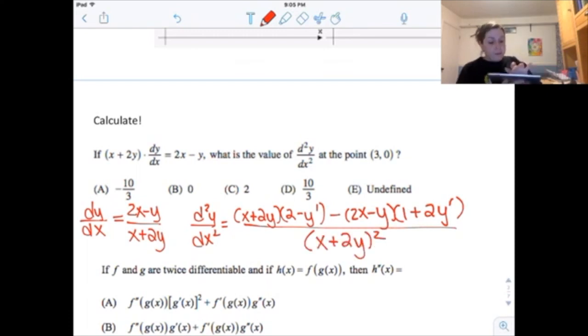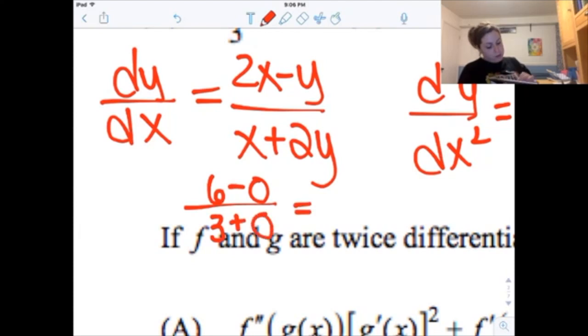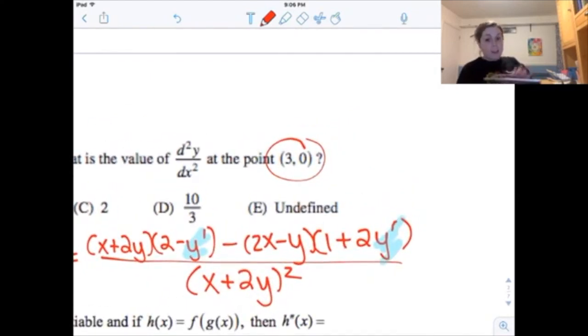And then we want to plug in from there. The key thing here is anytime you see y prime, that is the same as dy/dx. So I plug in (3, 0) for dy/dx, or y prime. This gives me (6 minus 0) over (3 plus 0), so this equals 2. That's y prime. And I know x is 3 and y is 0.